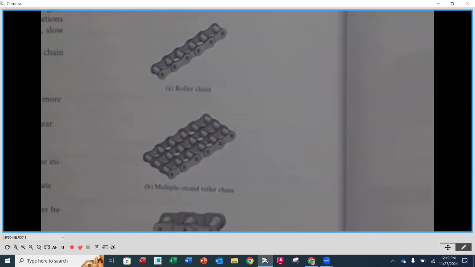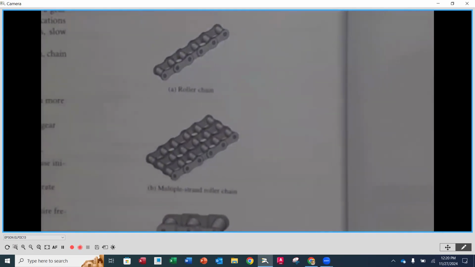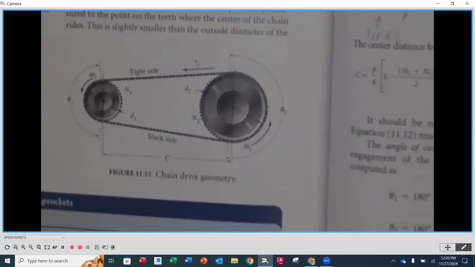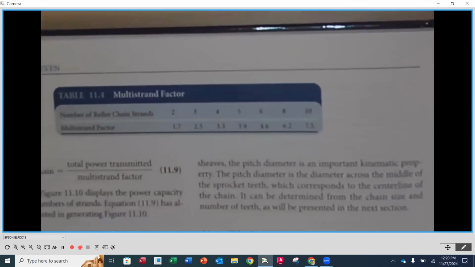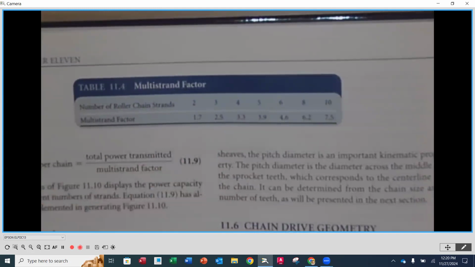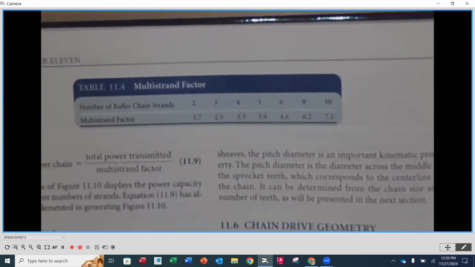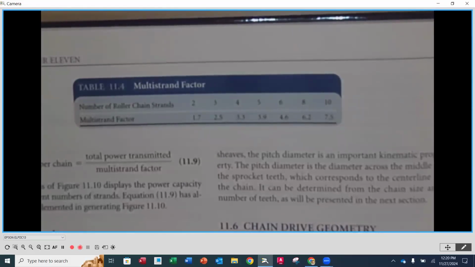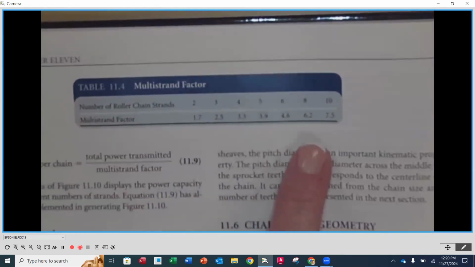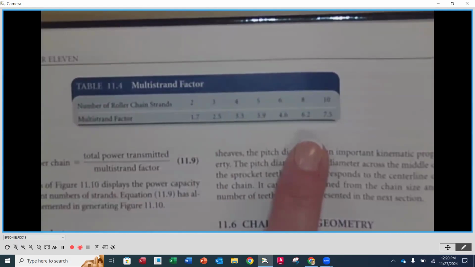If we have a single strand and let's say we now go to 3 wide, we do not gain a multiple of 3 on the strength, okay? What we do is we gain a factor, and that factor is going to be expressed here in the table on page 310. If I have 2 chains, my multi-strand factor is going to be I gain 1.7 in strength. For a 3 strand, I get 2.5. And then you can see the corresponding numbers accordingly.